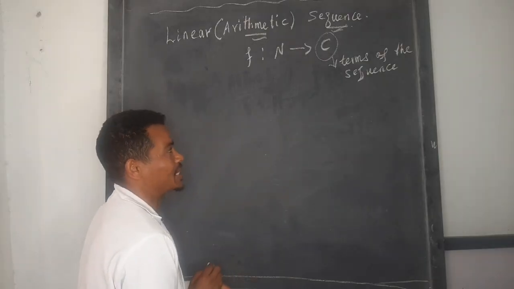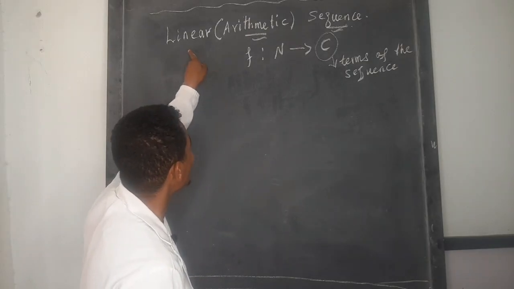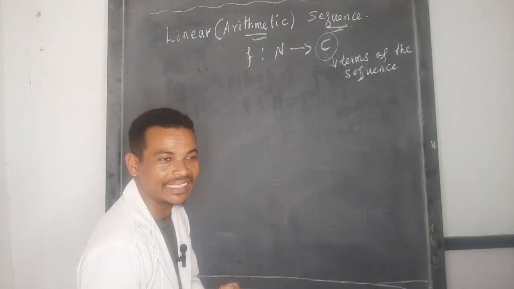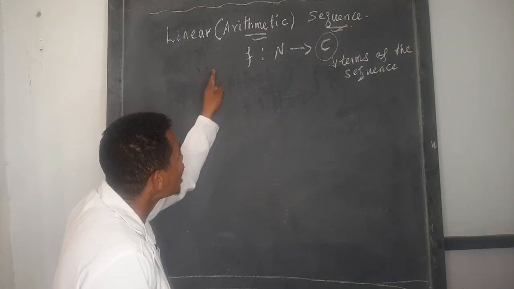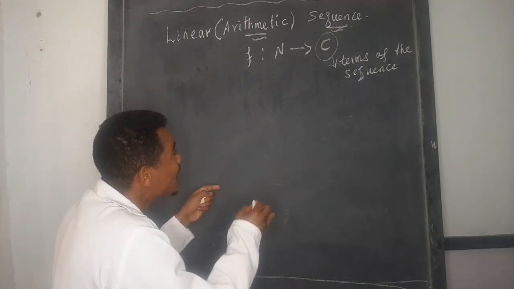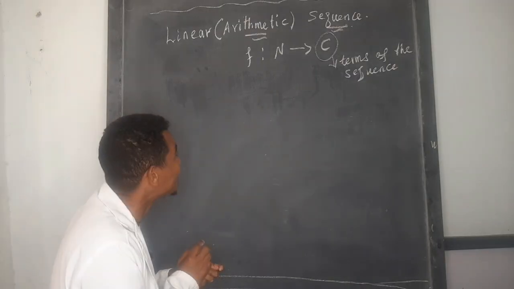There are different types of sequence. From that, we will see about linear or arithmetic sequence. A linear or arithmetic sequence is a type of sequence in which the difference between each consecutive term is constant.